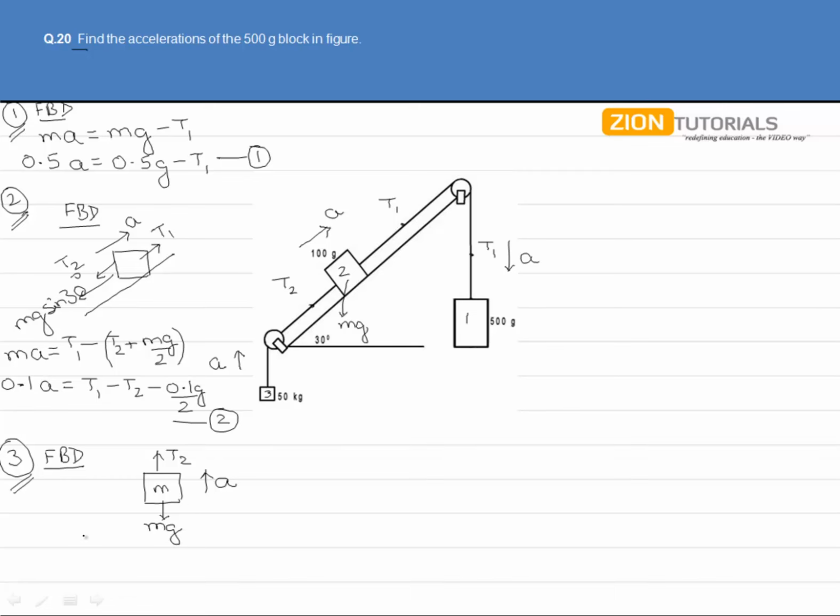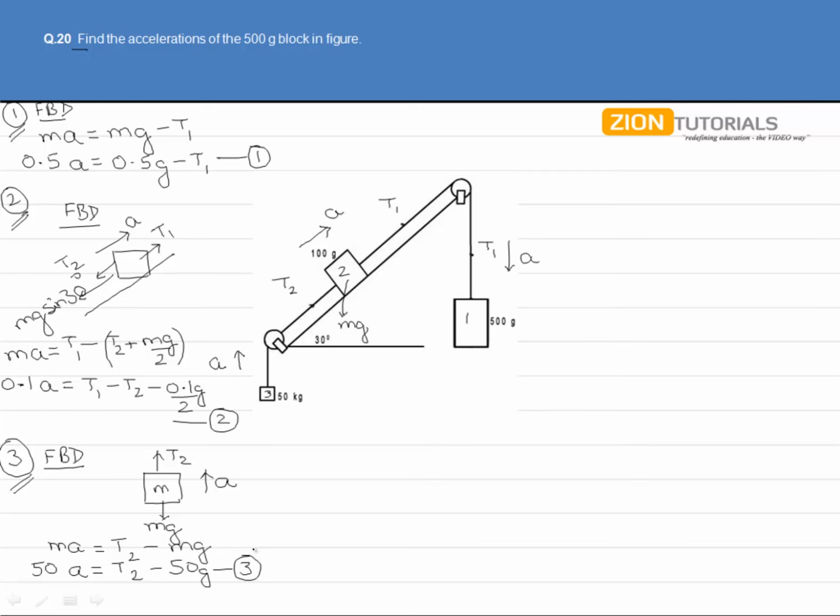Framing the equation for this block, we can say mass into acceleration equals T2 minus mg. Putting the value of m, we get 50a equals T2 minus 50g. And again, marking it as equation number 3.